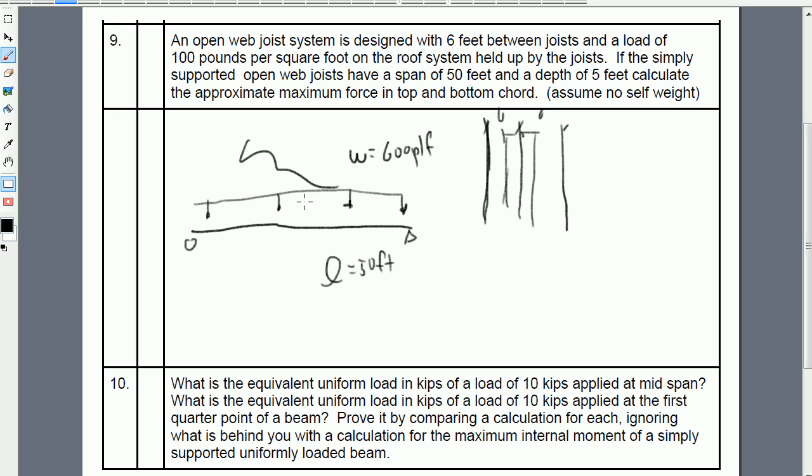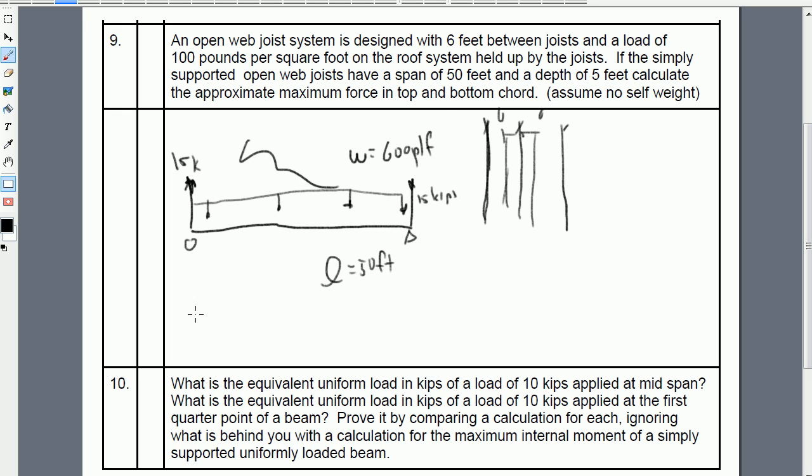You know that the maximum moment occurs in the middle, but you don't necessarily have to do that. 600 times 50 is going to be 30,000, or 15 kips here and 15 kips there. Let's double check that. 600 times 50 is 30,000, half of which is 15 kips.